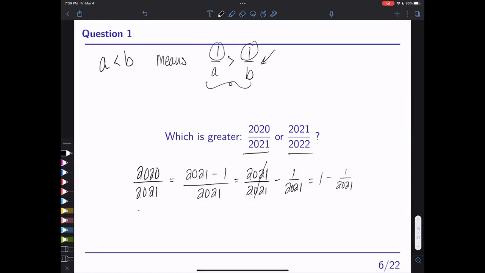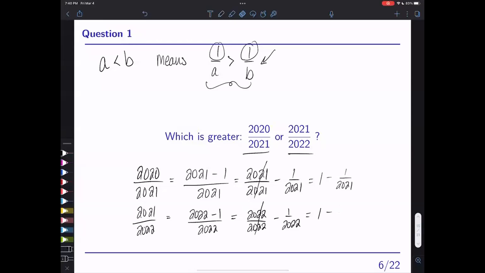Let's do the same thing with the other. 2021 over 2022. That's 2022 minus 1 over 2022. Split it up. Notice that term cancels again, and I have 1 minus 1 over 2022. And here's where the hint comes in. Notice these terms are the same. It's both 1 minus something. And I can't judge which one is bigger unless I know which one of these is bigger.